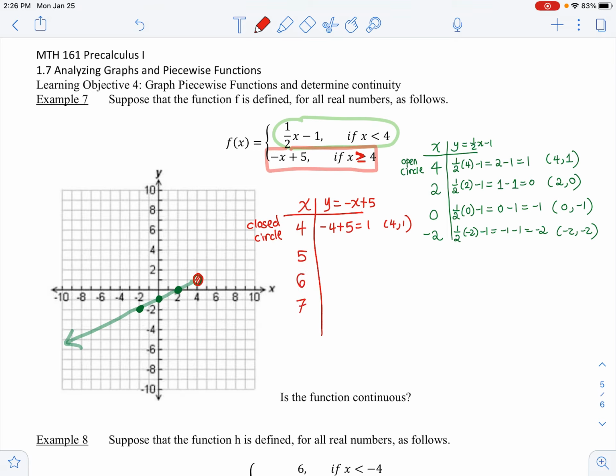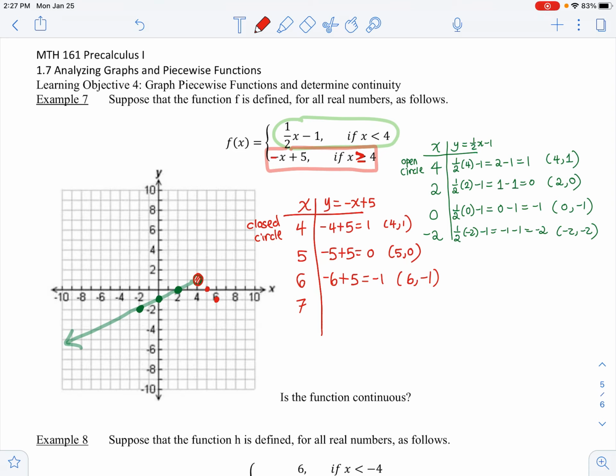Okay? If I plug in 5 into the function, that will be negative 5 plus 5. And that's 0. Let's plot 5, 0. 5 to the right, 0. If I plug in 6 into the function, that is negative 6 plus 5, negative 1. Plot 6, negative 1. 6 to the right, down 1. And I can see the pattern is going down 1 over 1 to the right, as the slope of this linear function is negative 1.